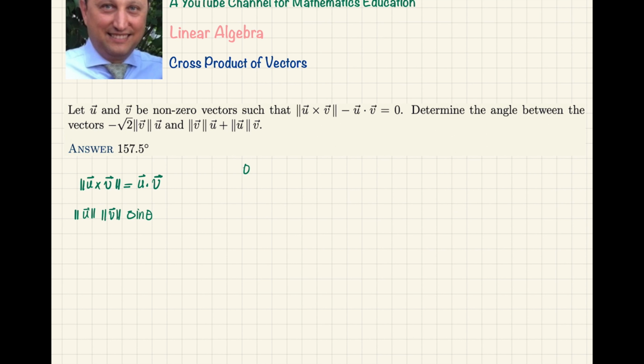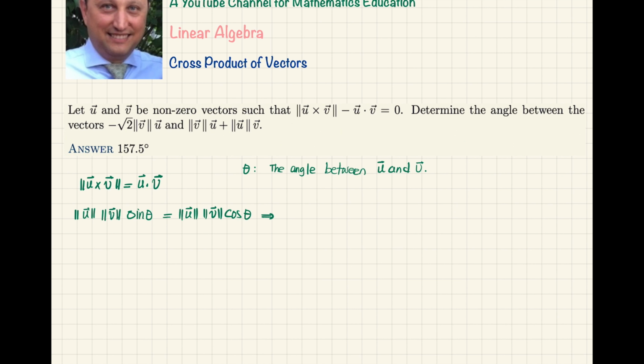So I am assuming that theta is the angle between vectors u and v. On the right hand side you know the formula for the dot product. It is norm of u, norm of v, but cosine of the angle between them.